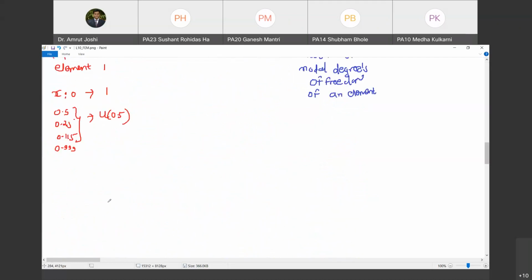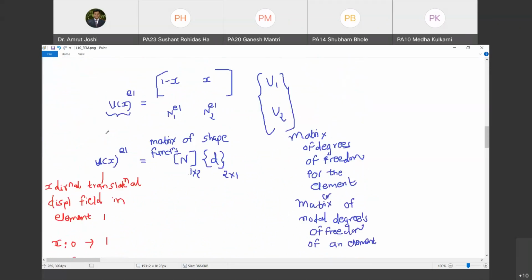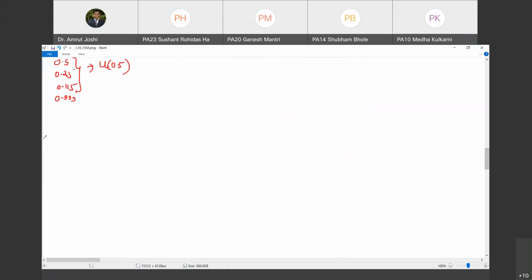So that's why the notation u. Therefore, this u of x talks about x directional displacements at infinite points within the element. So I will also write that.